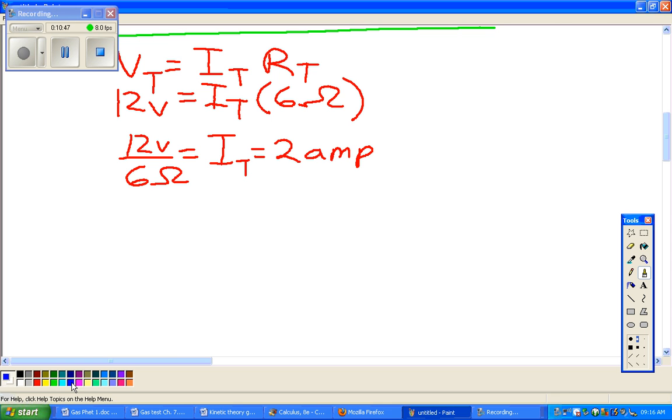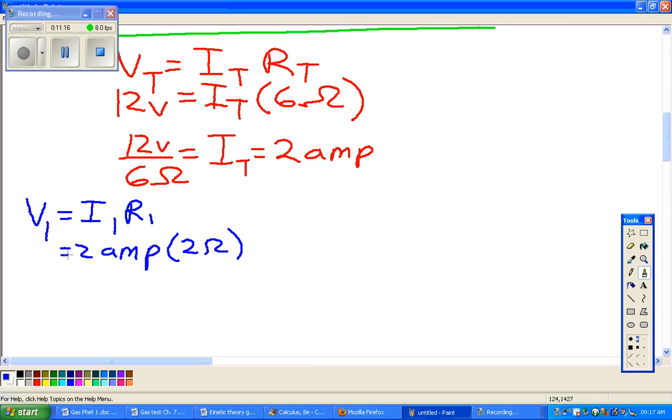The problems are also going to want to know how much voltage is in resistance 1. This isn't always a true equation. This is where you need to look at the circuit and see that the current is 2 amps. The resistance was 2 ohms.